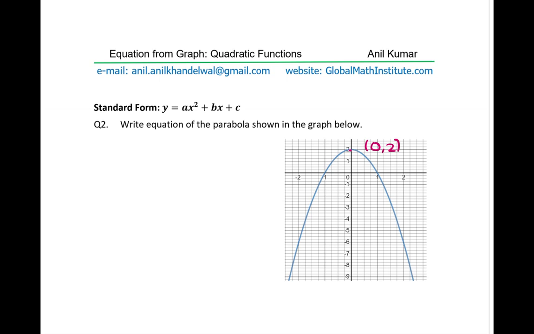The other ones are the x-intercepts, which are at plus and minus 1. So you could actually write this equation in any form. Since we know the x-intercepts and the vertex itself, let's start by writing the equation in the vertex form. So I'll begin with the vertex form.